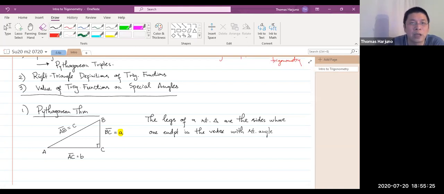So when we say the legs, it refers to this one here and this one. These two sides are the legs.